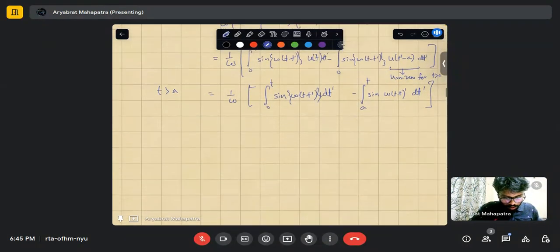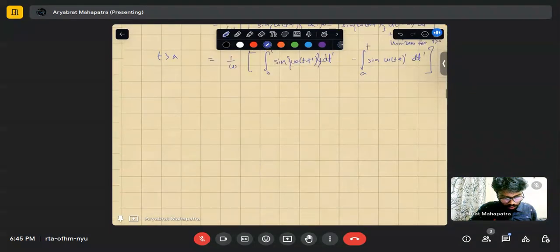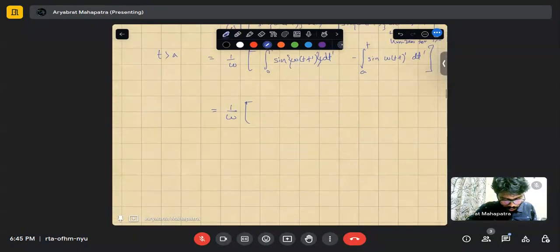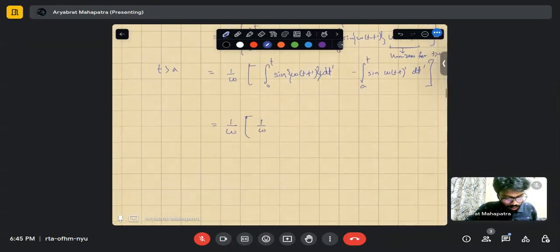When you evaluate this integral, you will get 1 over omega. This integral is a proper one. You just do the integral and put in the limiting values.